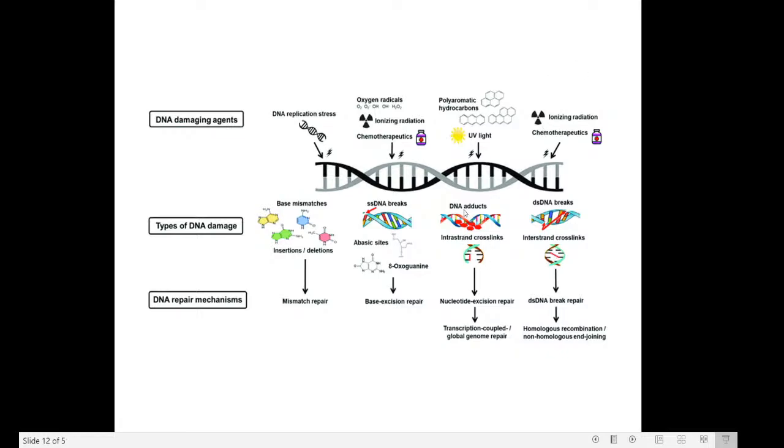Another one is DNA adducts. Here you can see an internal, unwanted bond between nearby nucleotides in the same sequence.